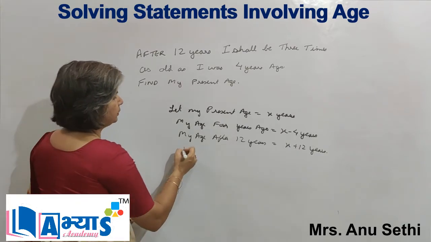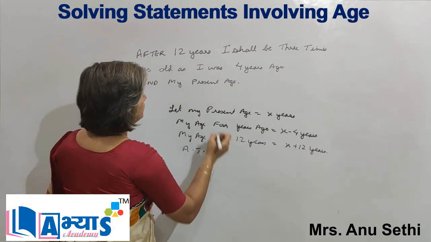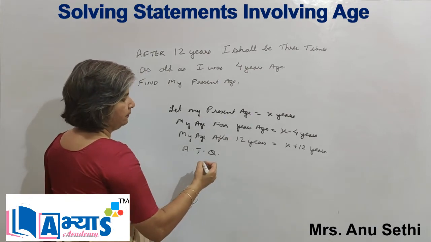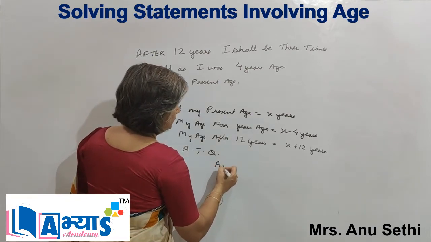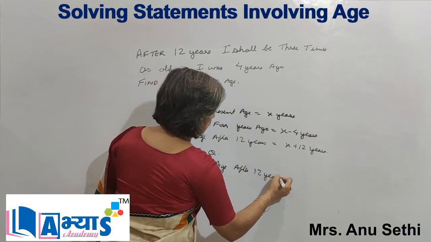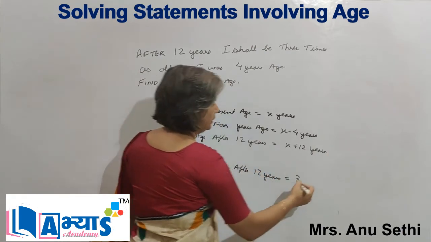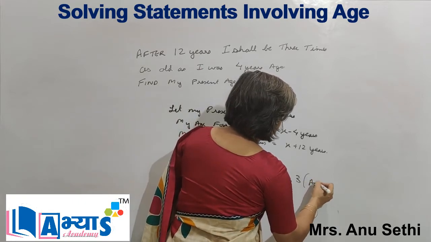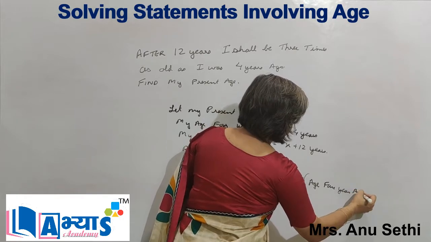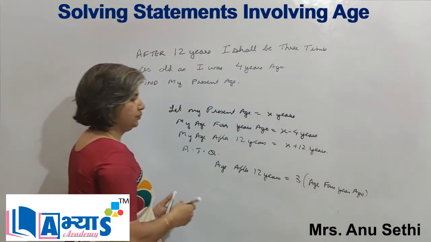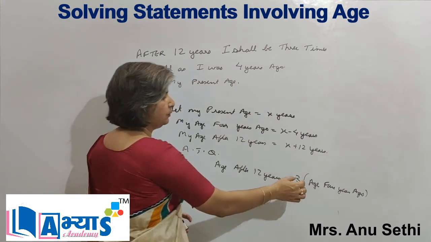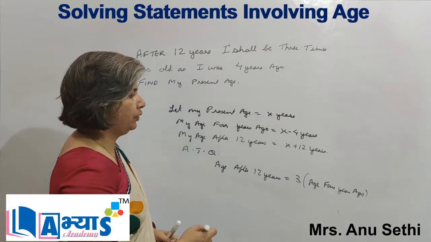Now according to the question, after 12 years I shall be 3 times as old as I was 4 years ago. In this type of situation, the equation becomes age after 12 years is equal to 3 times age 4 years ago.